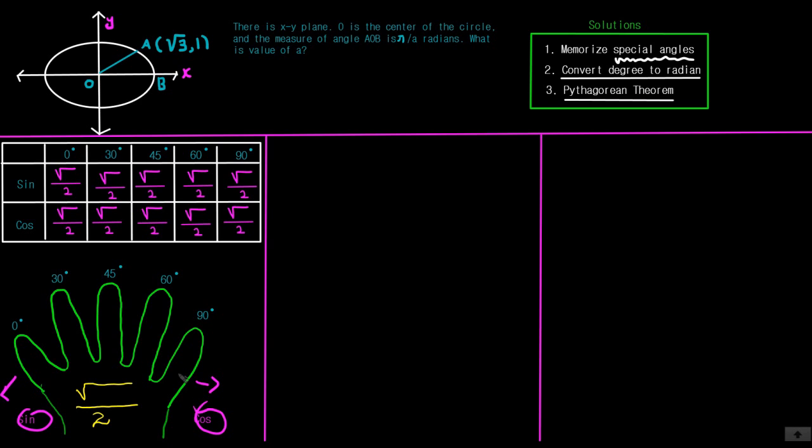What I mean is that you choose a suitable finger for 0 degrees, 30 degrees, 45 degrees, 60 degrees, as well as 90 degrees, and then we see how many fingers are left on the left side or the right side. We think of the left side as sine and the right side as cosine.